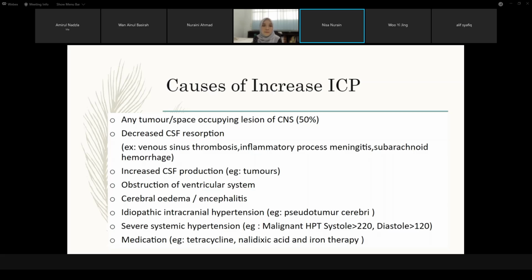Next is increased cerebrospinal fluid production, for example, due to tumors, obstruction of the ventricular system, cerebral edema or encephalitis, idiopathic intracranial hypertension, for example, pseudotumor cerebri, and severe systemic hypertension, for example, malignant hypertension where the systole is more than 220 and the diastole is more than 120. And the medications: tetracycline, nalidixic acid, and iron therapy.